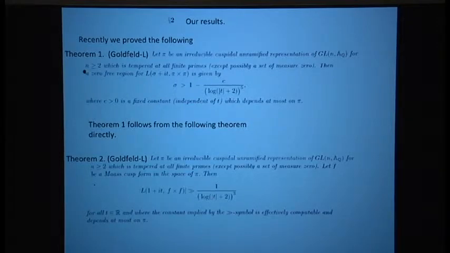The first theorem says if pi is irreducible cuspidal, and pi is tempered at finite places, then we have a standard zero-free region: sigma bigger than one minus a constant over log t to the 5. Here the constant depends on pi.